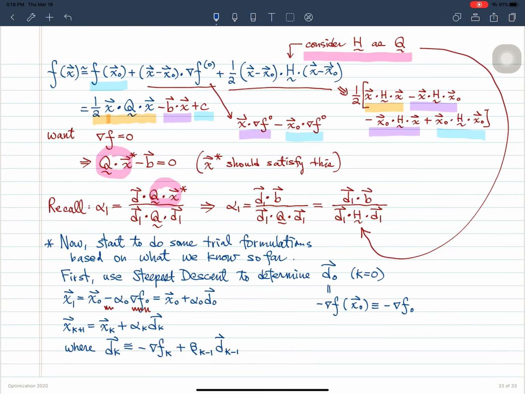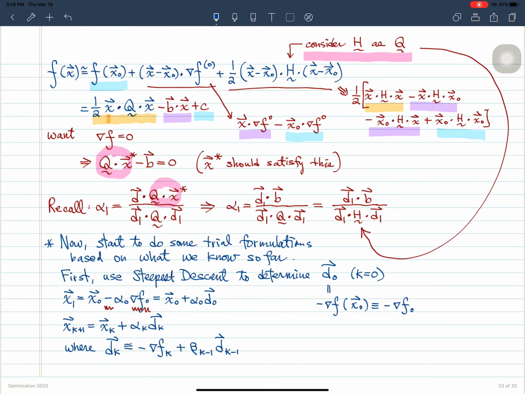So at the kth iteration we still move along the negative gradient direction, but we would like to do some updates. So we use a summation with the previous direction multiplied by some coefficient. Beta is a value.